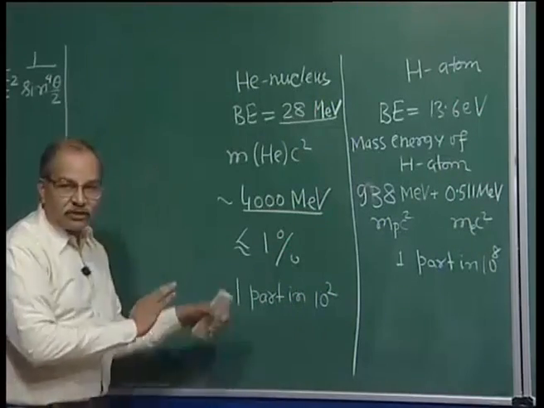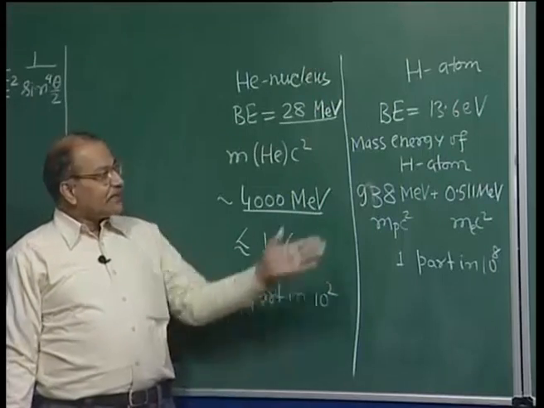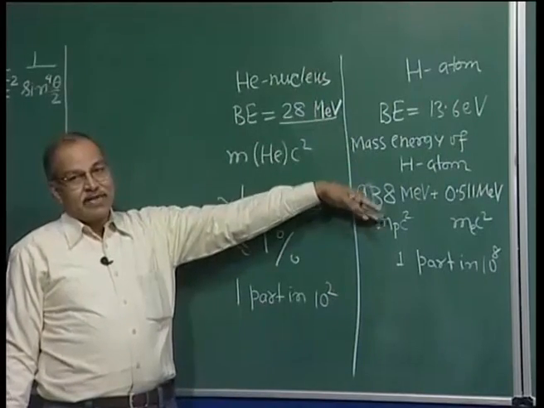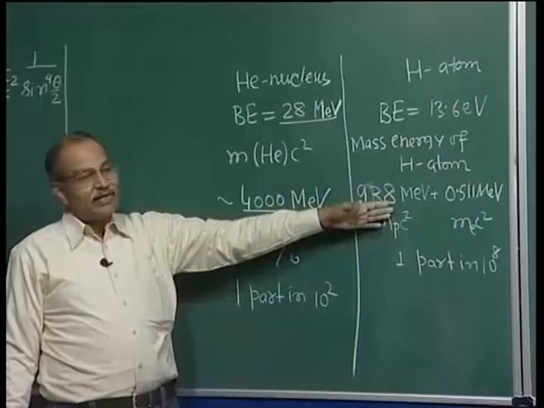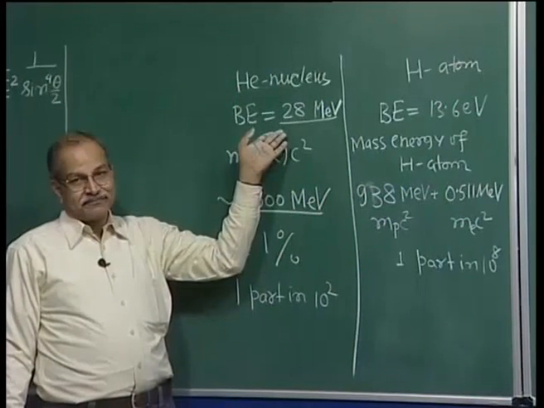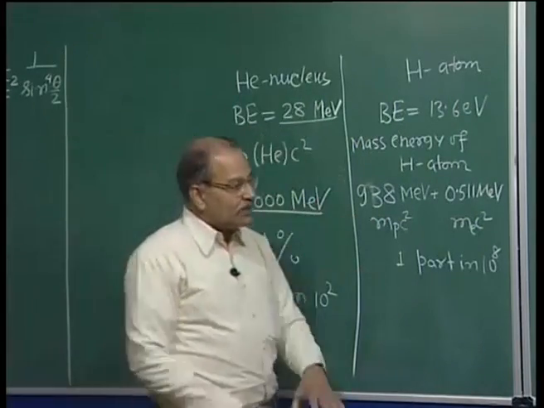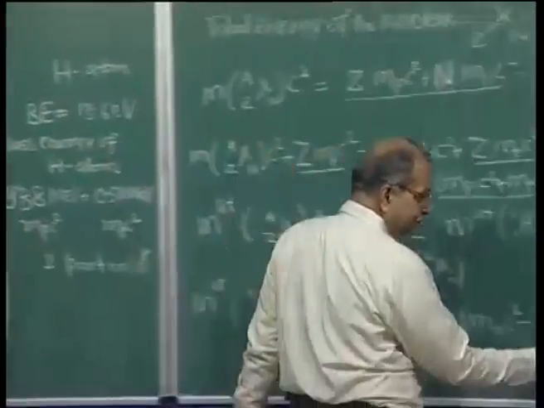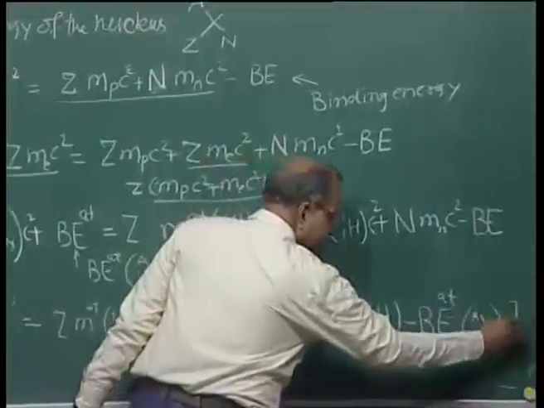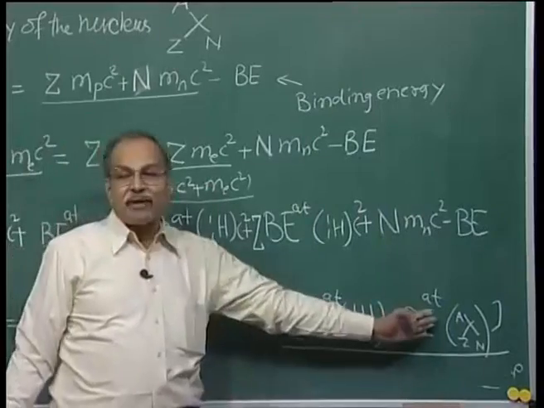I am doing the order of magnitude calculations, okay, just to get an idea that atomic binding energies are much smaller as compared to the nuclear binding energies. Fine. So, now look at this last term here. Both of them are atomic binding energies.